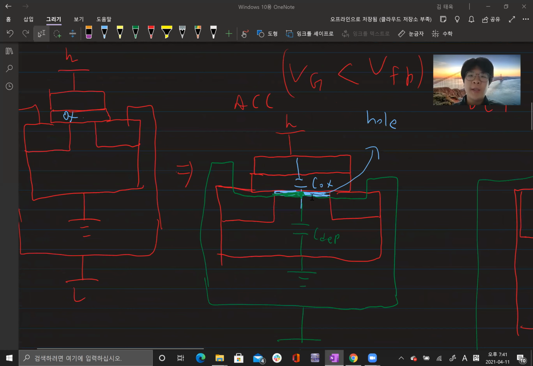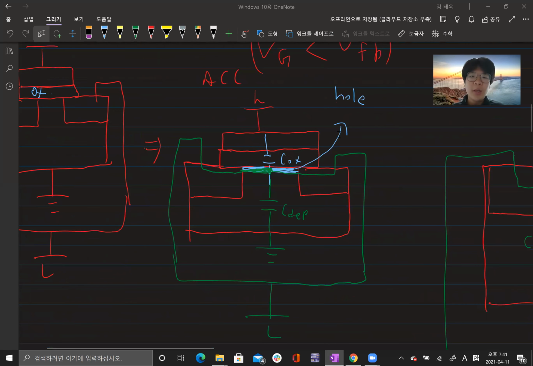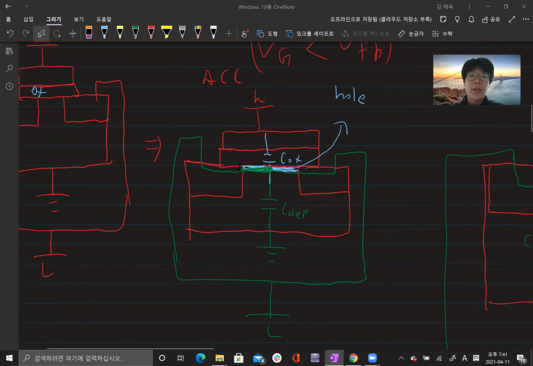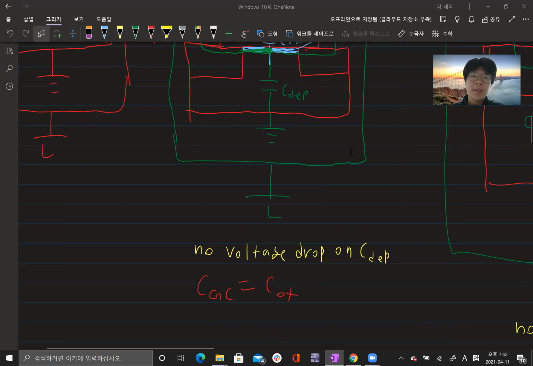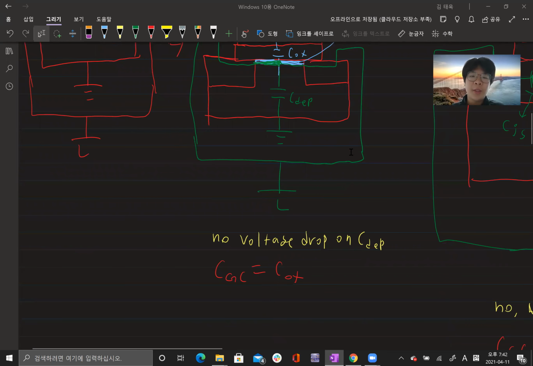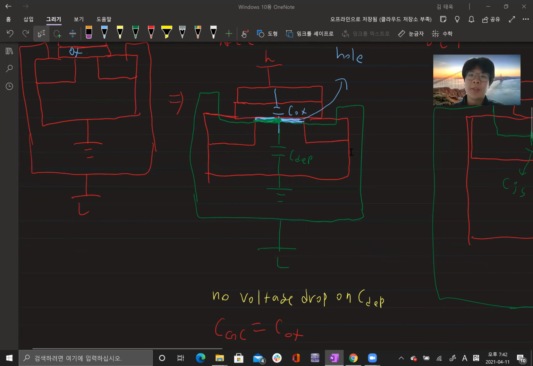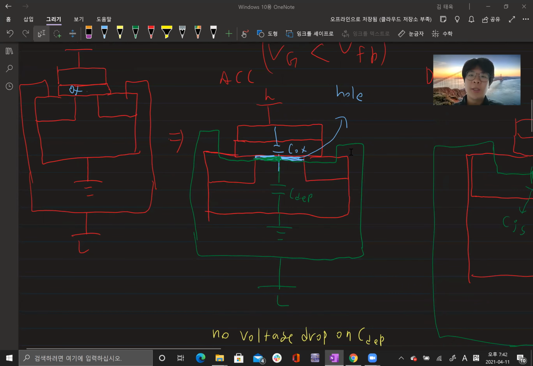In accumulation stage, a whole channel is induced. So a current flows through the source or drain, and the gate channel capacitance will only exist as oxide capacitance.